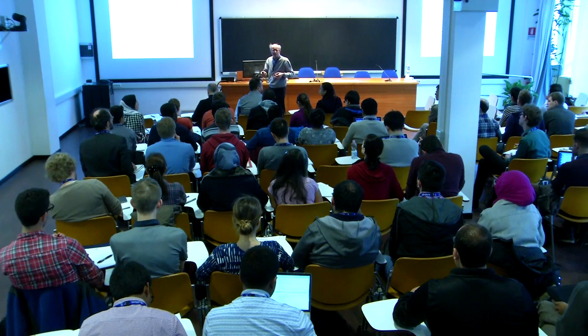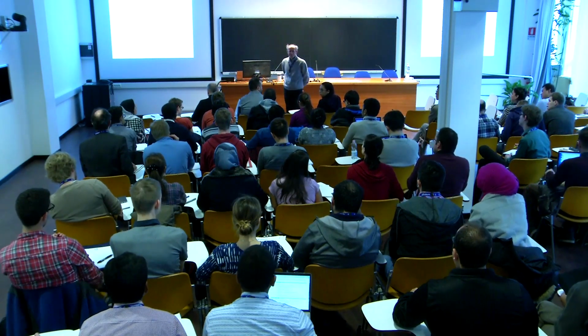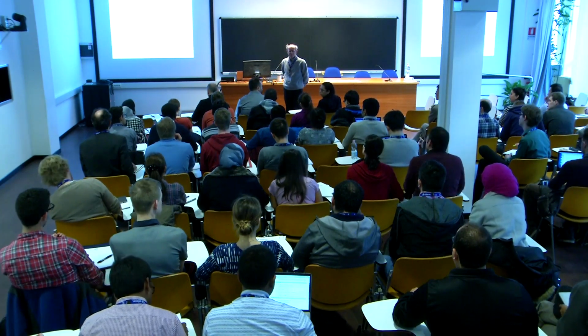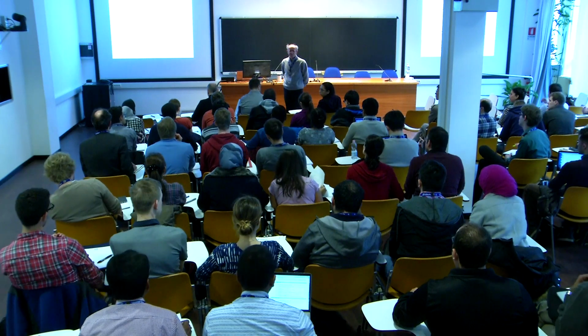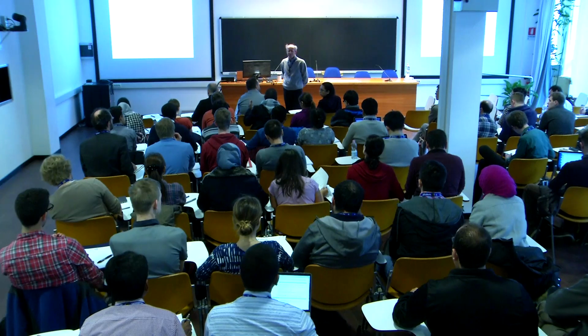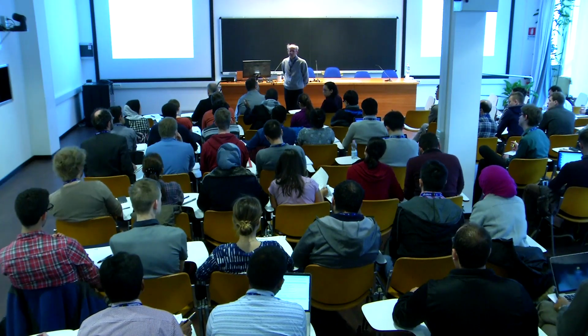Yes? It is something quite basic that I don't understand here with LDA, GGA. In the LDA, you are saying that you're looking at the local density associated with the exchange correlation value from the homogeneous electron gas.